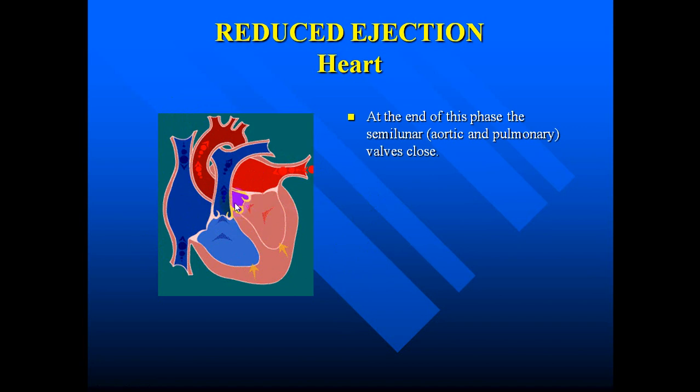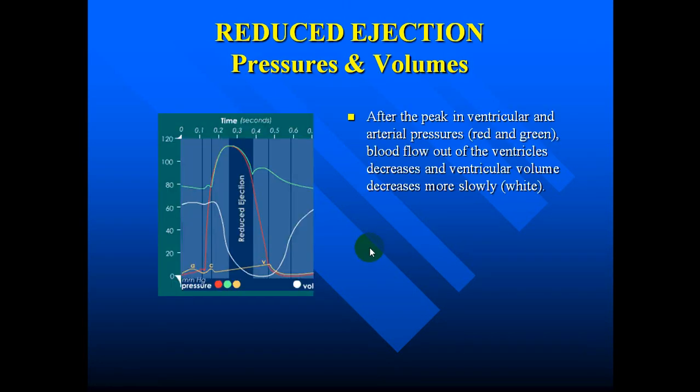Also, a second mechanism: the aorta and pulmonary artery are distensible, elastic arteries. When they distend and then recoil, this recoil increases the pressure on the blood to return to the ventricle. That is why it forces the semilunar valve to close. What about the pressure and volume after the peak in ventricular pressure, which is red there, and the green?